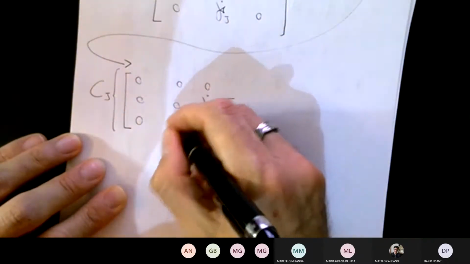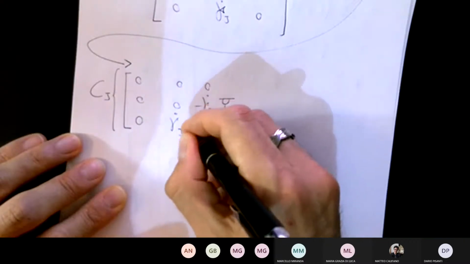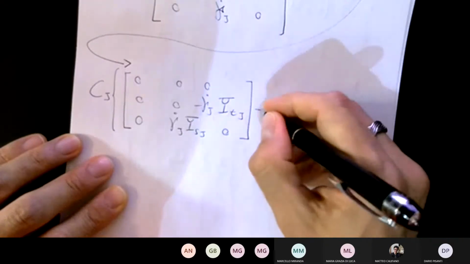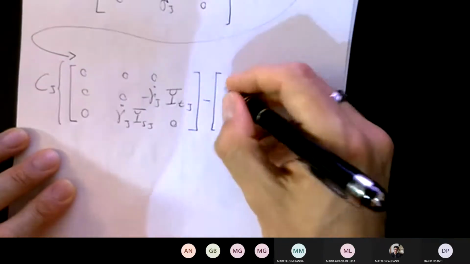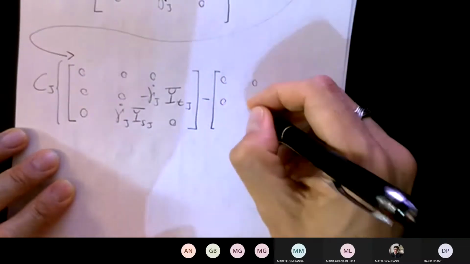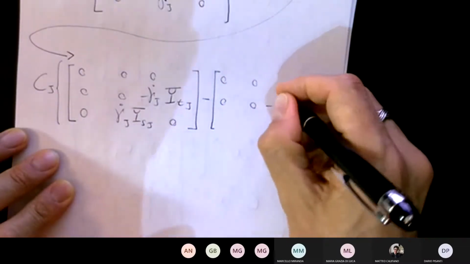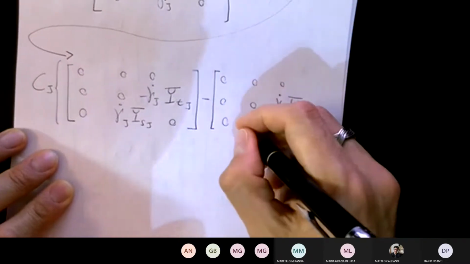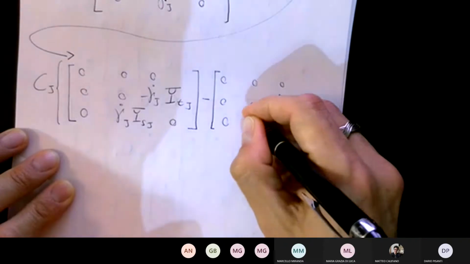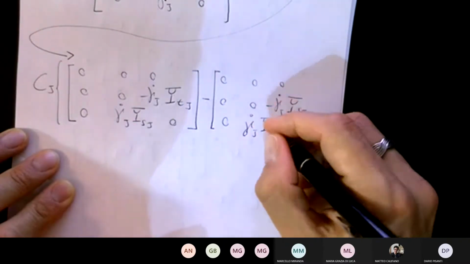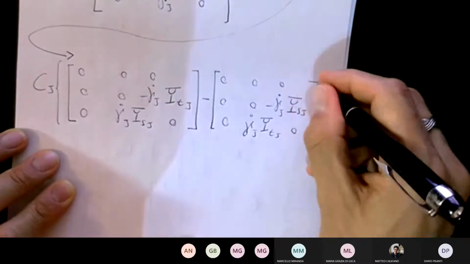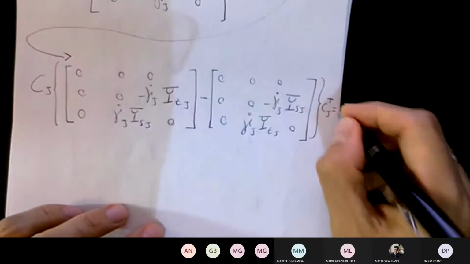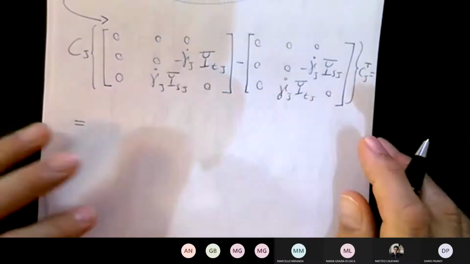Then I have 0, gamma j dot, the moment of inertia about the spin axis, and then 0, minus a similar matrix, 0, 0, 0, 0, 0, minus gamma j dot, moment of inertia about the spin axis, and I have 0, gamma j dot, moment of inertia about the tangential axis, 0. And then here I have Cj transpose. Okay, we're getting there.